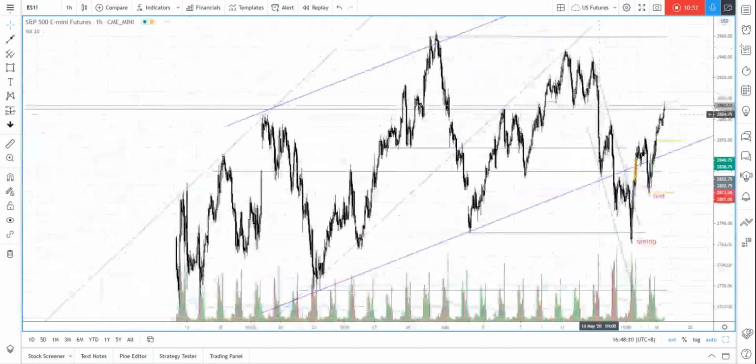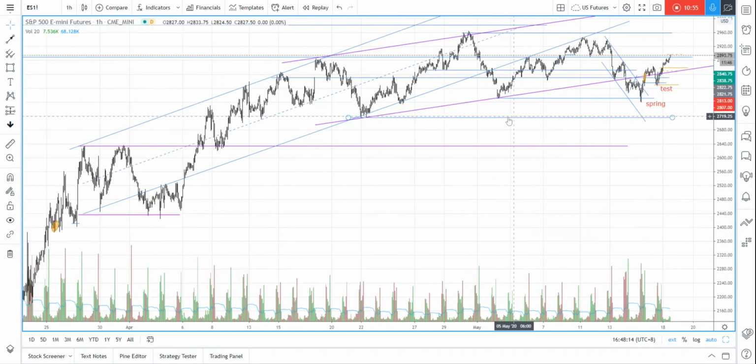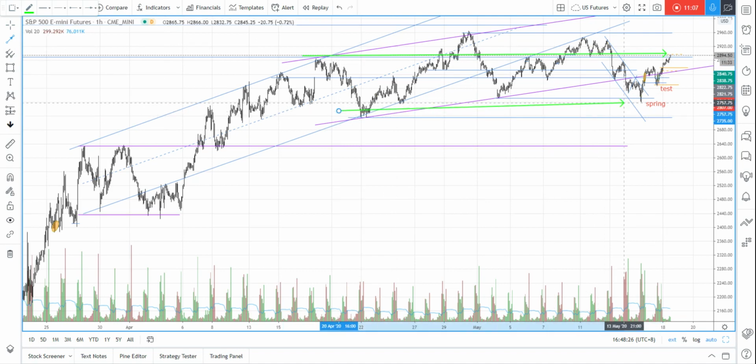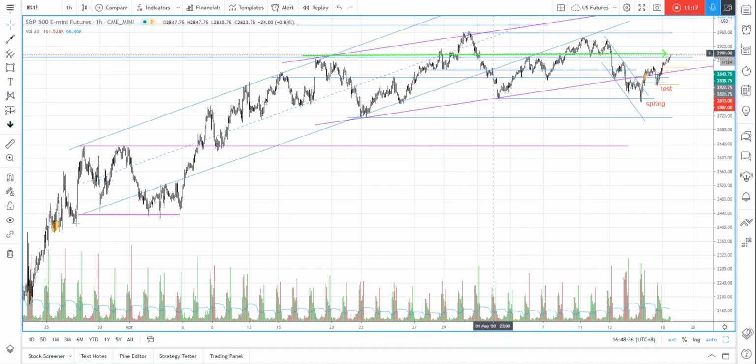And for swing trading, if we zoom out further, we are still stuck within this larger range. You can see that we are still stuck within this larger trend here, and it keeps bouncing between 2735 and about 2900. So pretty much within this range on a swing level.